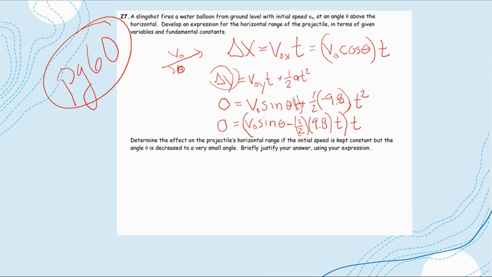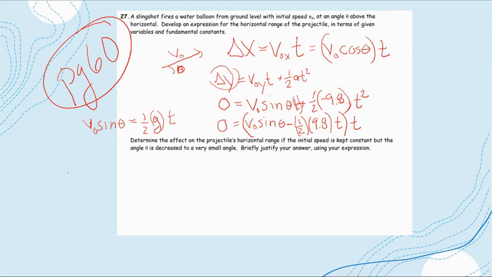So t could be equal to 0 in this case, or t could also be V initial sine theta, I'm going to move to the left-hand side, equals 1/2 g t.